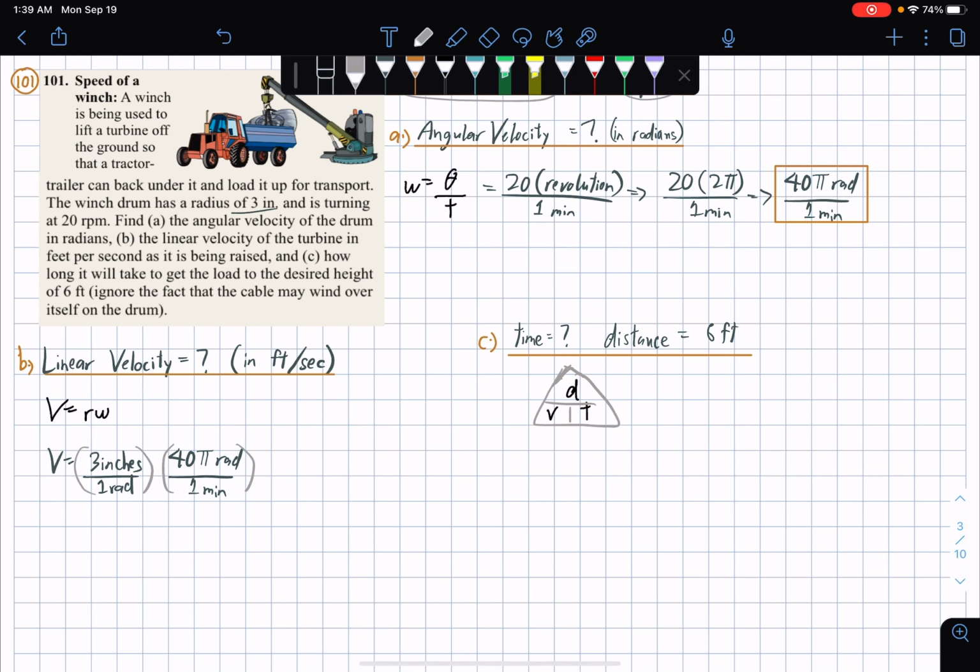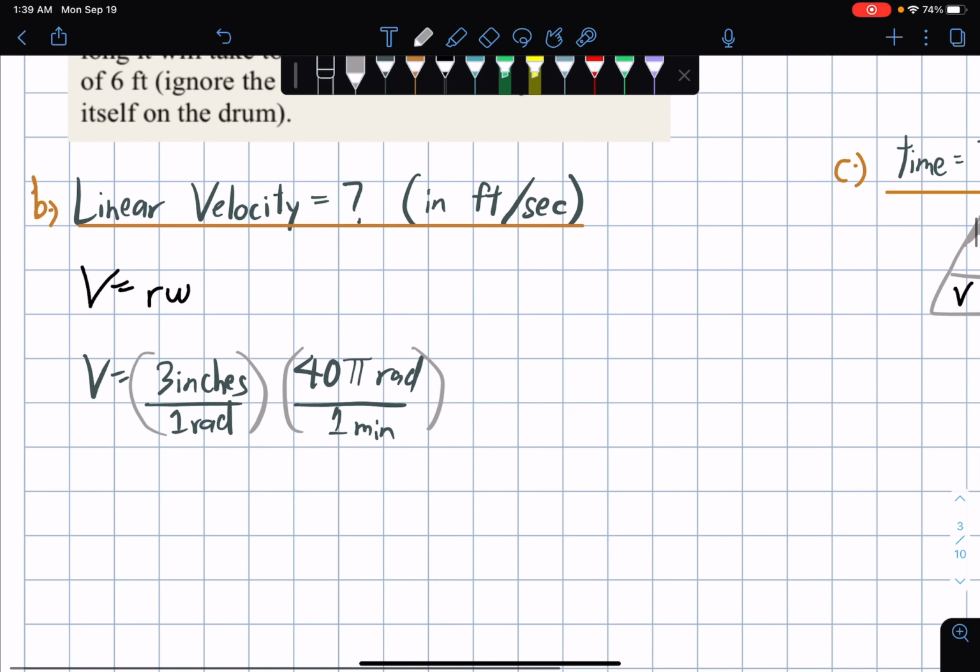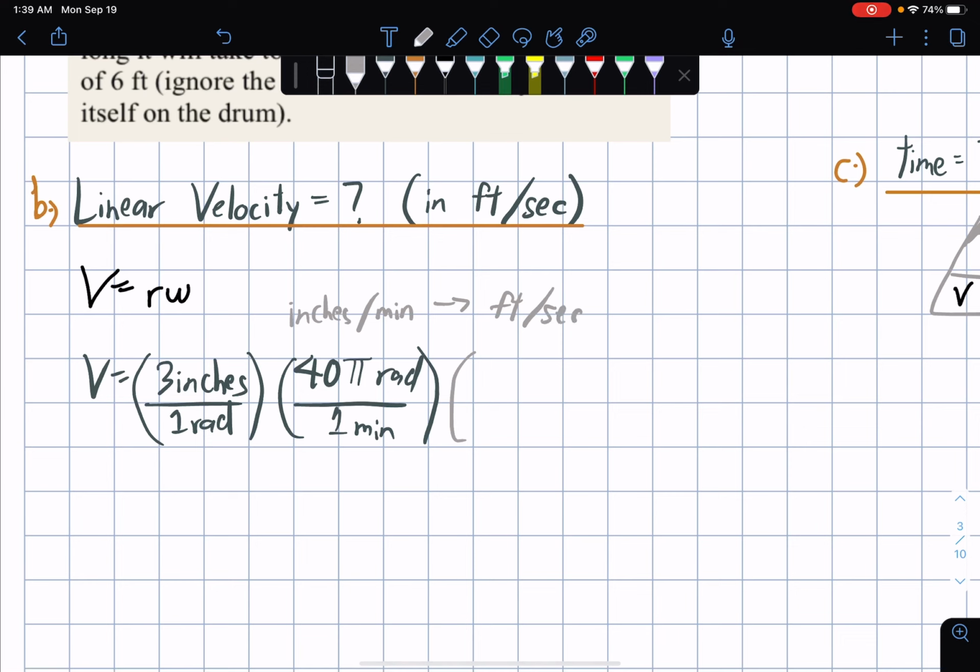There you go. Times, hang on. Alright, so currently our answer is in inches per minute, to be converted to feet per second.